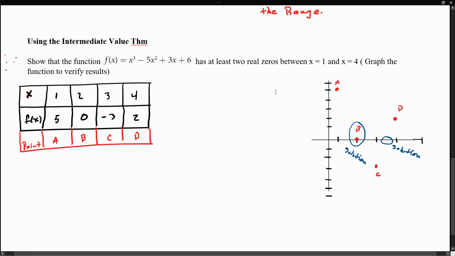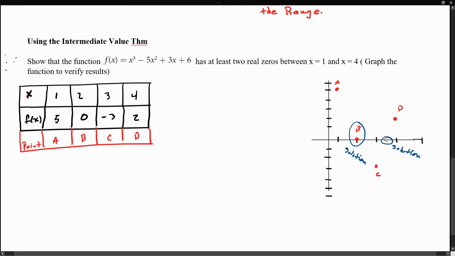Because since this function is continuous, there must be a y value between C and D, which is the solution that we want, and that y value will exist. And as a matter of fact, there will be an x value that will give me that y value, which is 0.